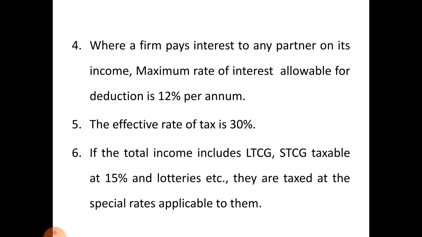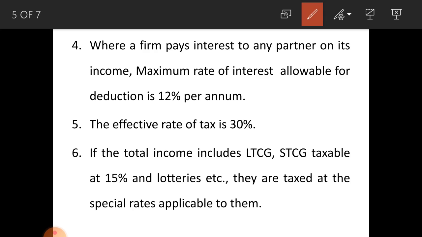For the extra 3%, that is 15% minus 12%, they have to pay tax. They cannot claim that extra 3% for deduction, because the maximum rate of interest that can be allowed for deduction is only 12% per annum in a partnership firm.